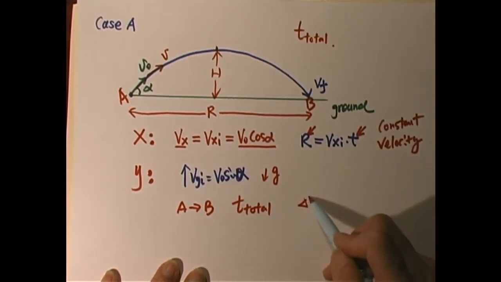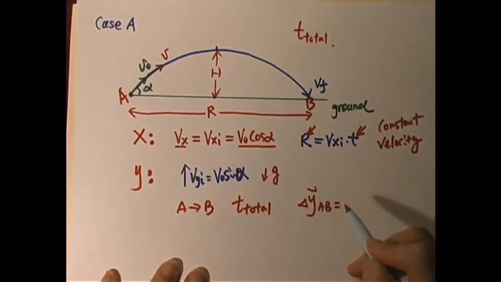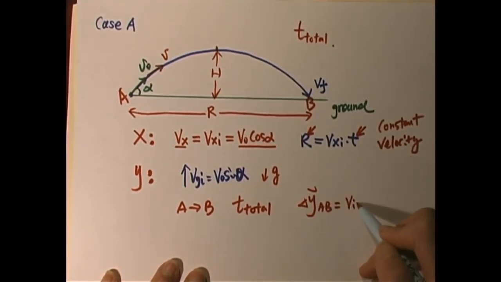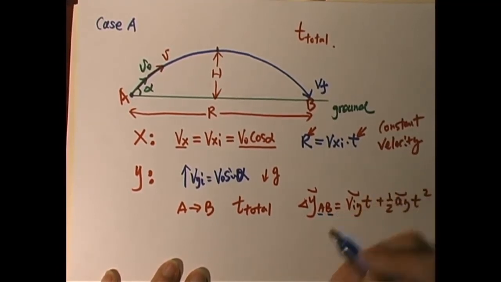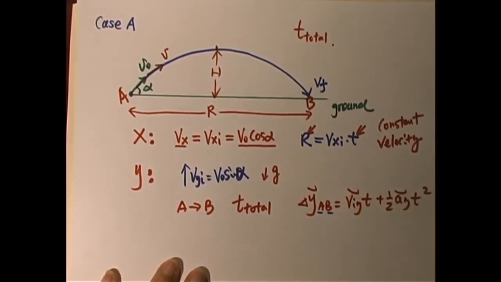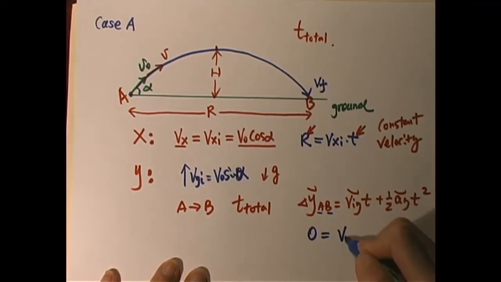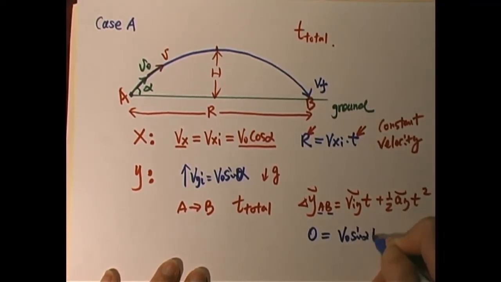Then talking about the y direction, delta y of AB equals, the equation is v initial y times t plus 1/2 a_y t squared. Remember that equation? Since A and B have the same horizontal level, delta y is 0. V initial y is V0 sine alpha.